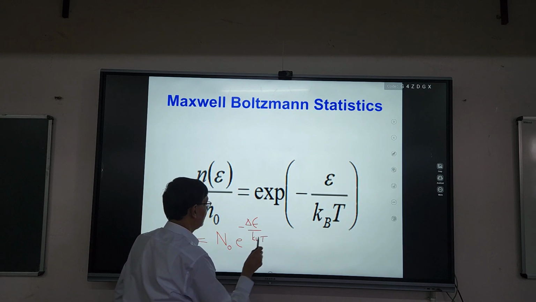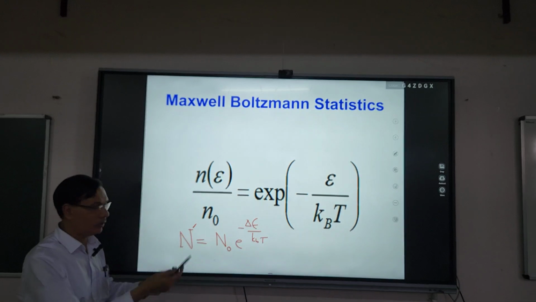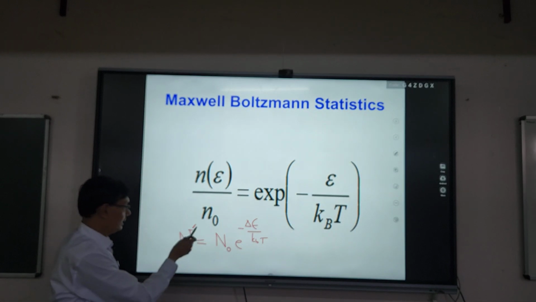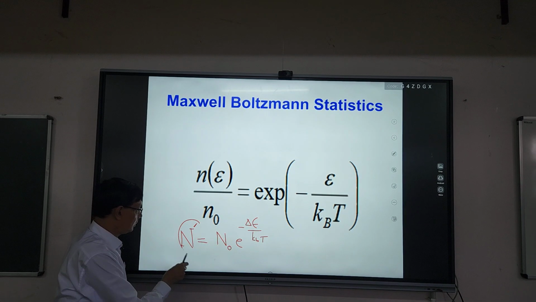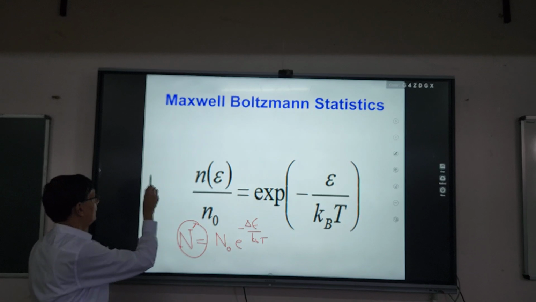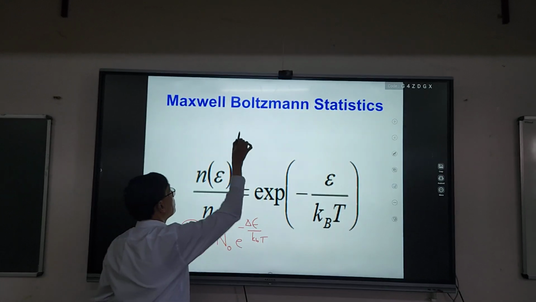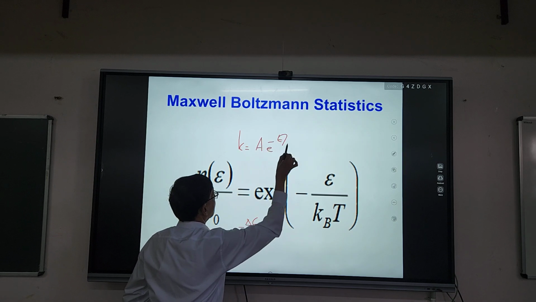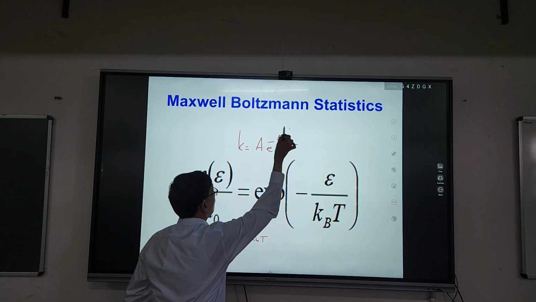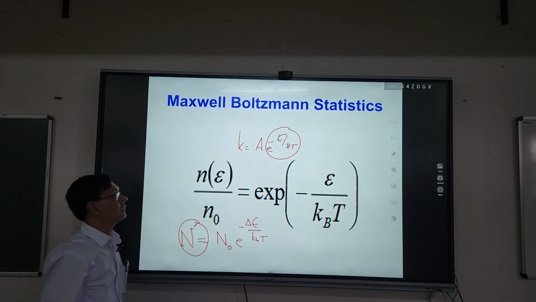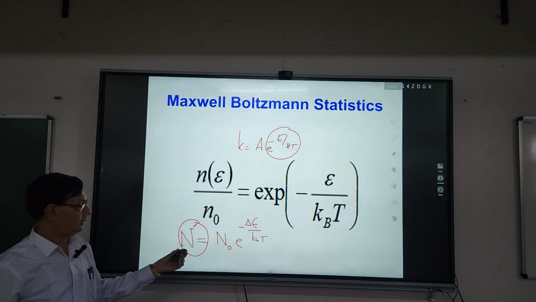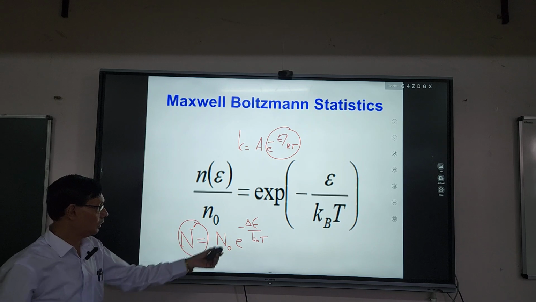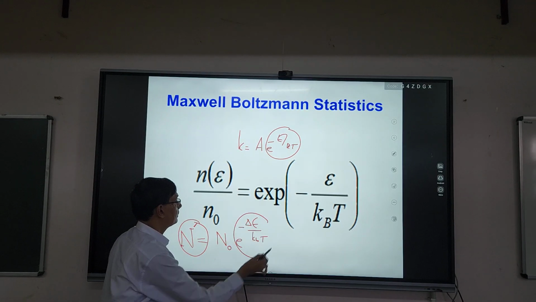Same thing. So now you can understand that all things are related to the fraction of molecules. Again, if I write k is equal to A e^(-Ea/RT), how do I know this fraction? By this method: N, N0, there is an energy difference.